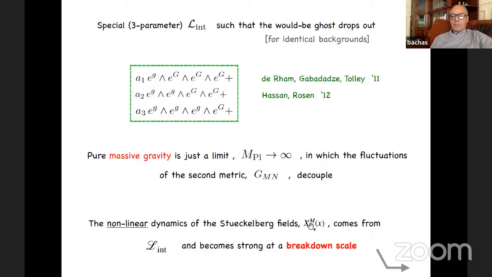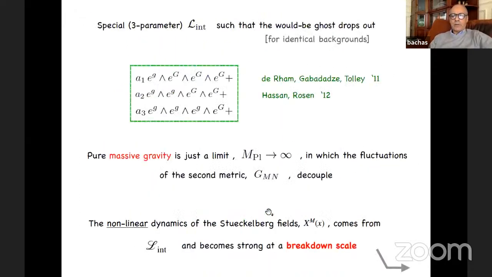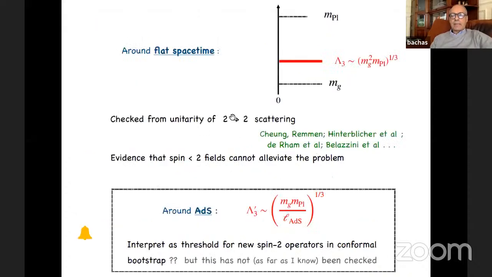Now, there's also one final thing one can see, namely, you can just look at the Stuckelberg fields X^m(x). They enter in this Lagrangian, whose form, as I told you, a priori could be generic or could be of the dRGT form. And now you can ask the question, when does this field become strongly coupled? This is a nonlinear Lagrangian. The field becomes strongly coupled at some point. And this strong coupling scale is known as Λ3 in this community or literature. And it's a very simple classical argument.